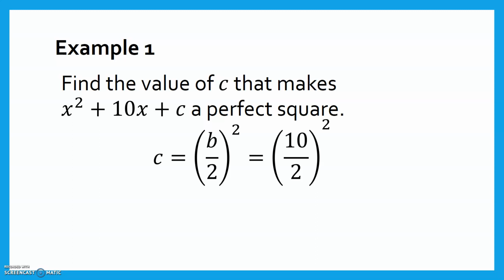When I divide 10 by 2, I get 5. So I end up with c equals 5 squared, which is 5 times 5, and that gives me 25. So what I have to add is 25. I would get x squared plus 10x plus 25. So that c value needs to be 25.